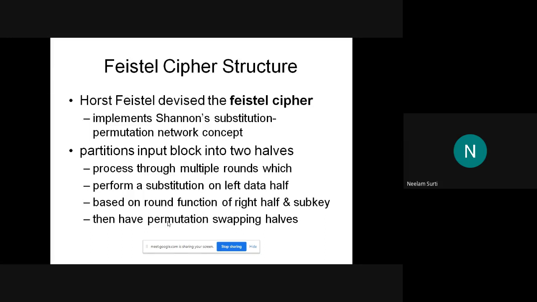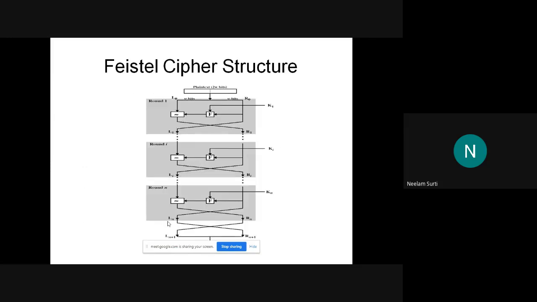If I'm having 1, 2, 3, 4, this is my plain text. Now convert this 1, 2, 3, 4 into two halves. Then my L0 will become 1, 2 and my R0 will become 3, 4. Are you getting this?